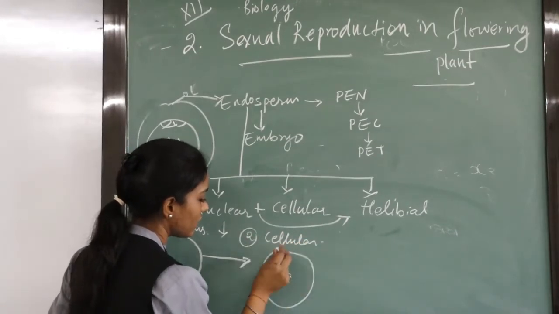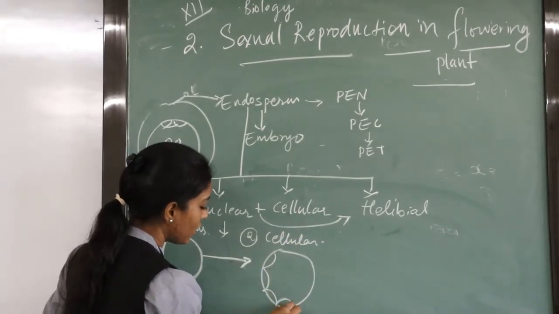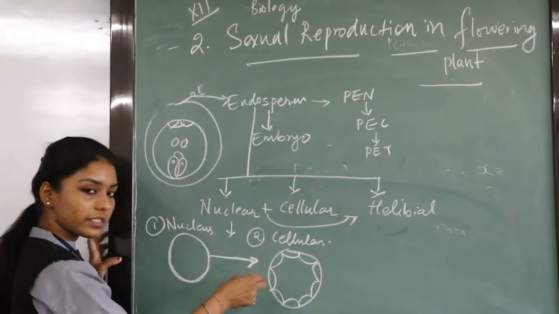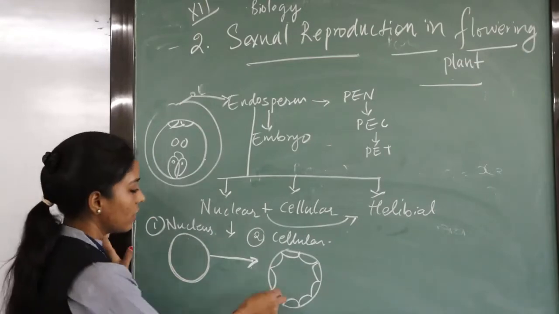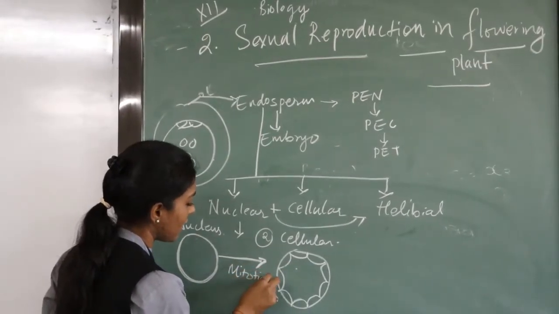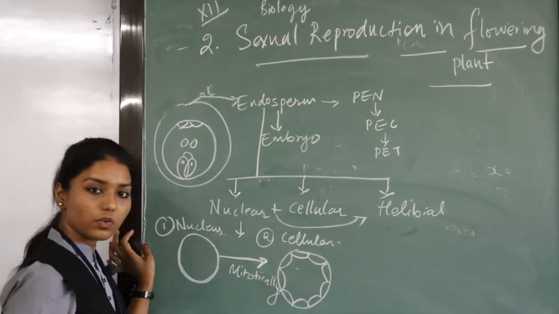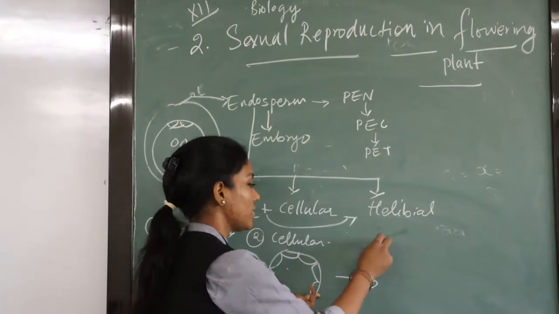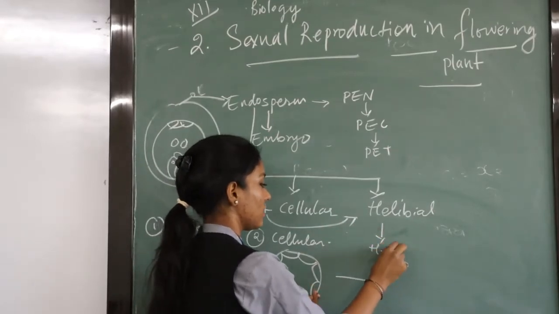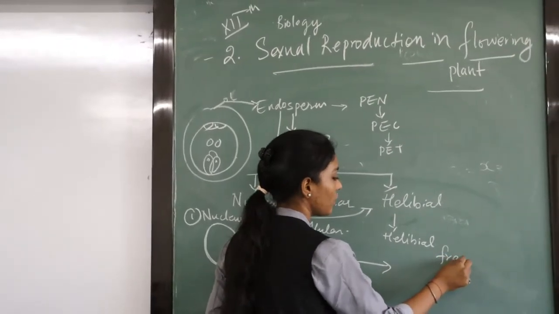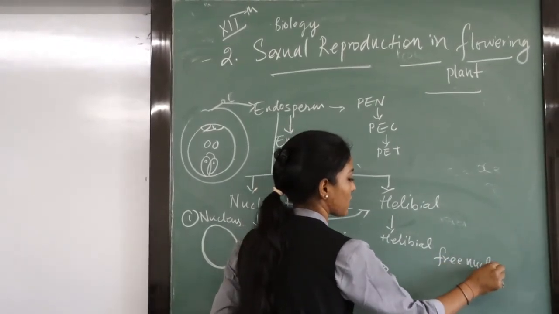Further they divide mitotically to form a cell wall at the periphery. Periphery in the sense corner पे, border पे. This is cell formation, they are dividing mitotically. Once the mitotic division occurs, the third, which is called helobial or free nuclei formation.